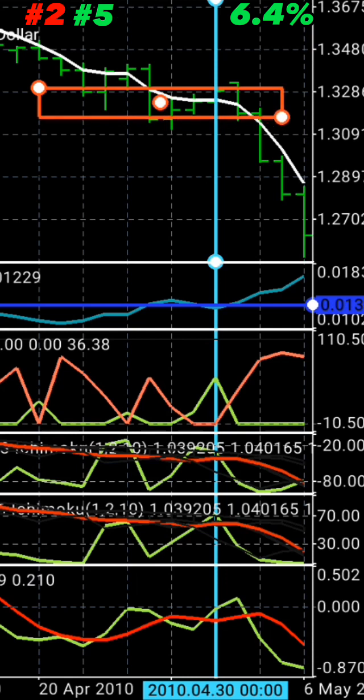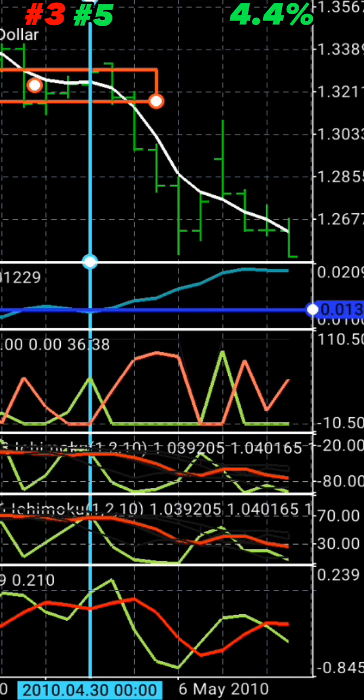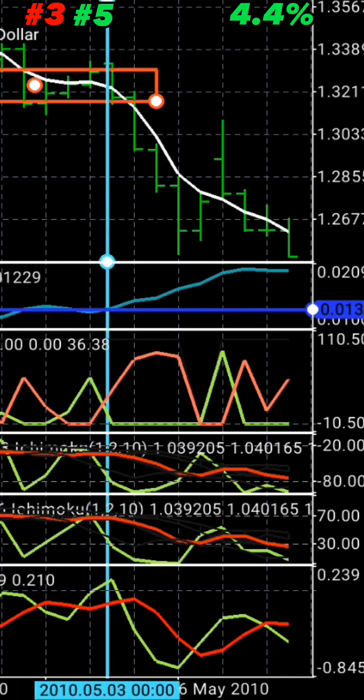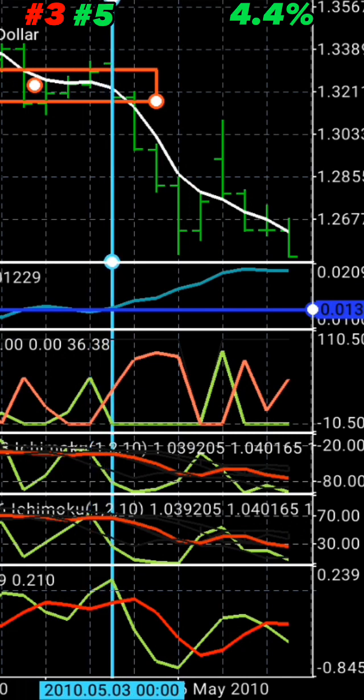In a normal evaluation account, I would definitely still be in the game, because with a 6% loss, the overall drawdown is 12%, especially for my Forex fund.